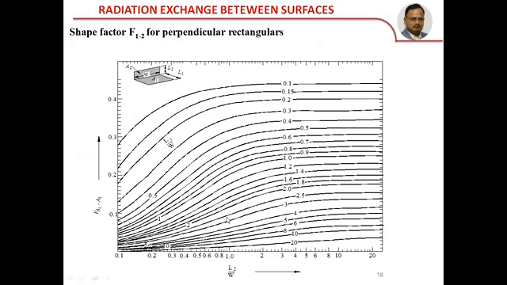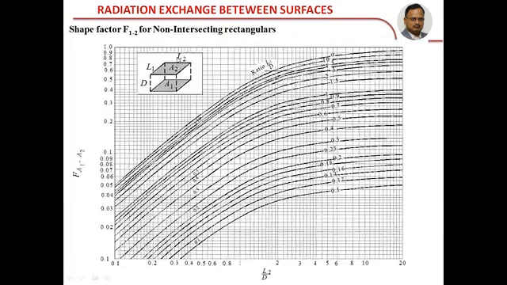To determine the shape factor for some fixed geometries like perpendicular rectangles with a common edge, either you can use the formula which we have discussed earlier, or you can also get a chart like this. And similarly for non-intersecting rectangles, you can determine the shape factor by using this chart. This chart solution is sometimes useful when the equations are so tedious.